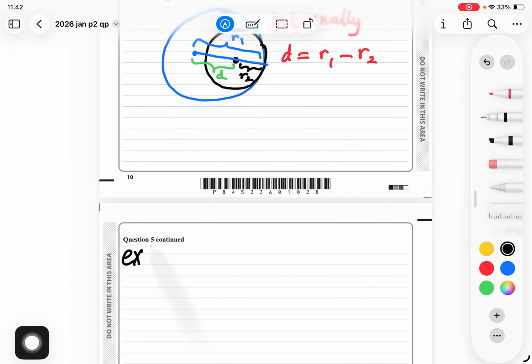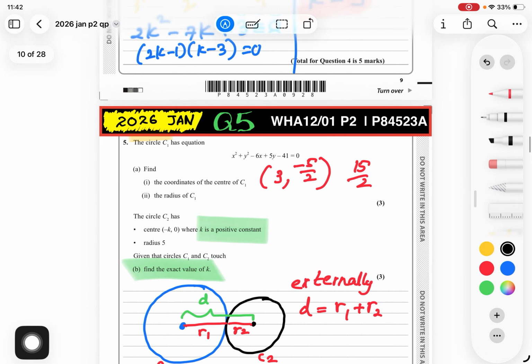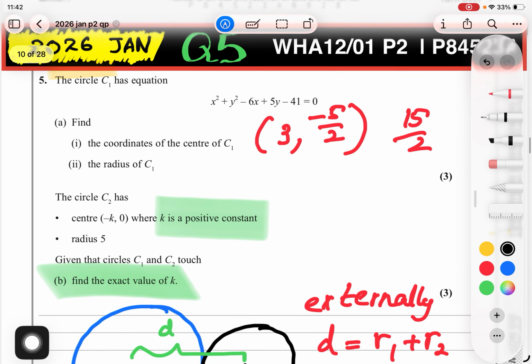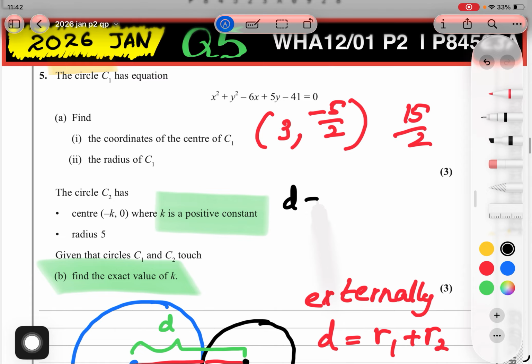So if they are touching externally, we have D equals R1 plus R2. Here in this question we can get the D. We know the centers. D is going to be the distance between two centers. One center is this and one center is this.